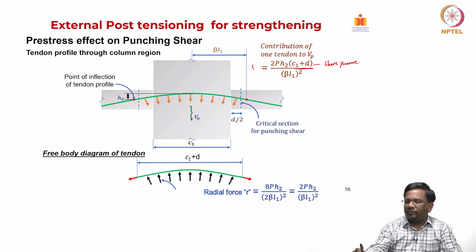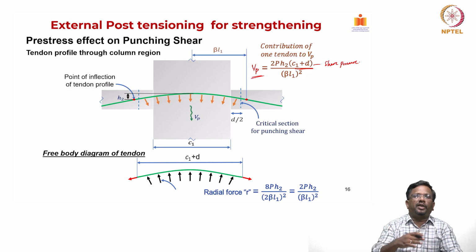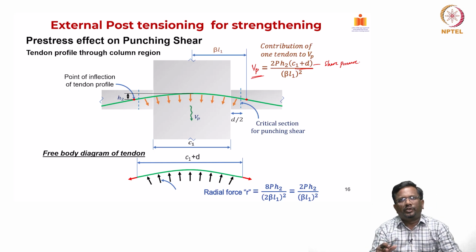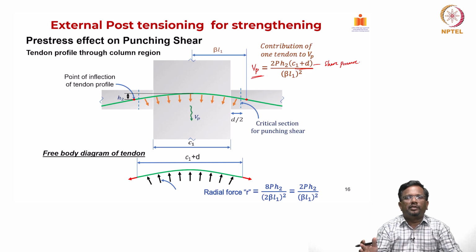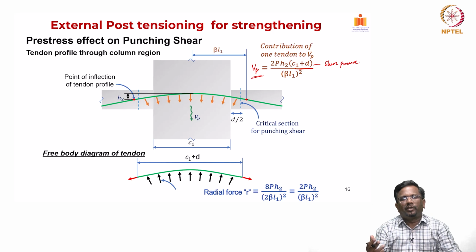We know that Vp is going to be added to the shear capacity, in addition to your concrete shear strength. The pre-stress component Vp will also be added to the shear capacity. So, by adding pre-stressing cable at a proper profile, again I can increase your Vp. In that way, I am also increasing my concrete shear capacity.